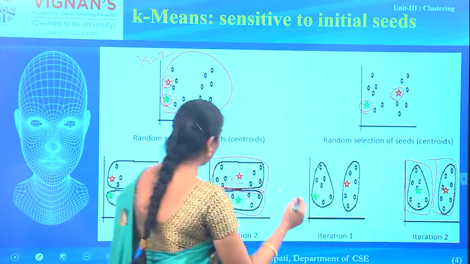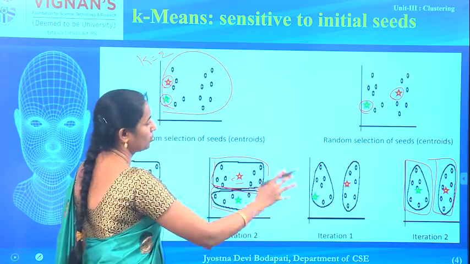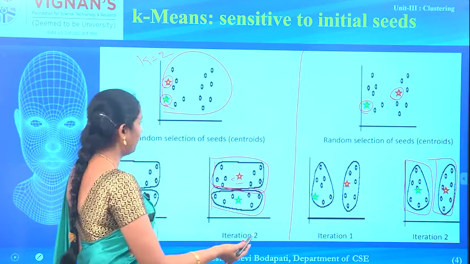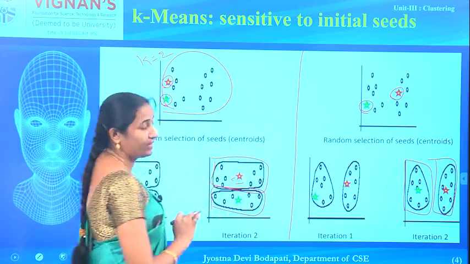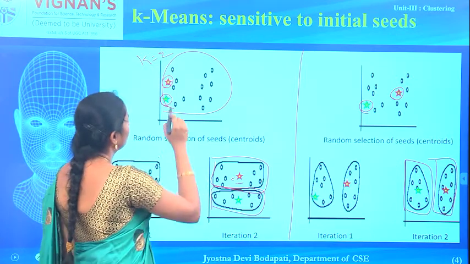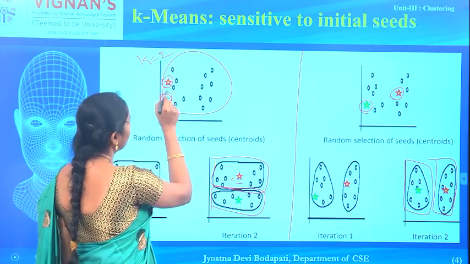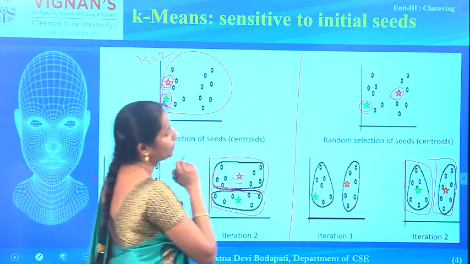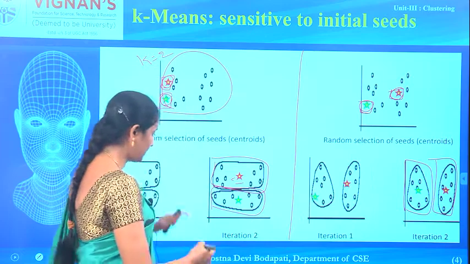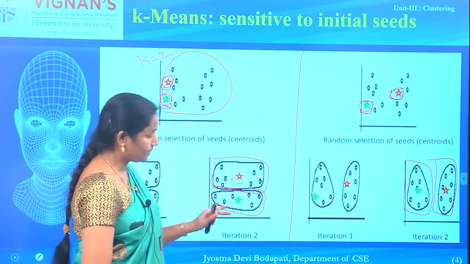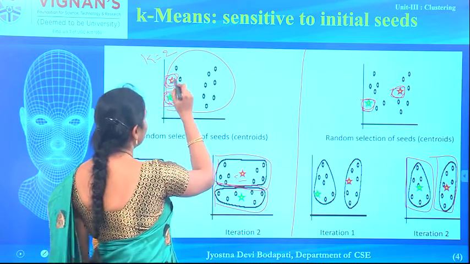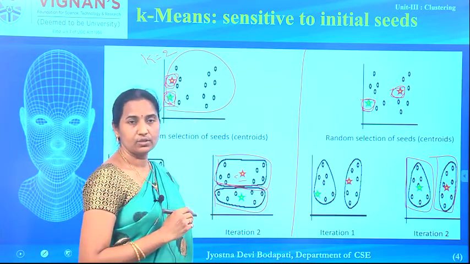You can observe what is the basic difference in these 2 cases. The same K-means algorithm we are applying, and the same set of data is given as input to the algorithm, but the difference here is the initial cluster centers. Here these 2 are the cluster centers you started with, and here you started with these 2 points. The only difference is the set of initial cluster centers we are selecting.